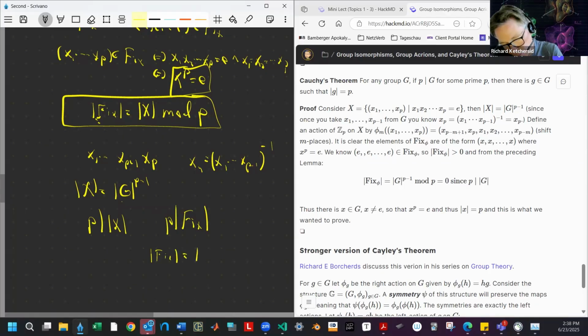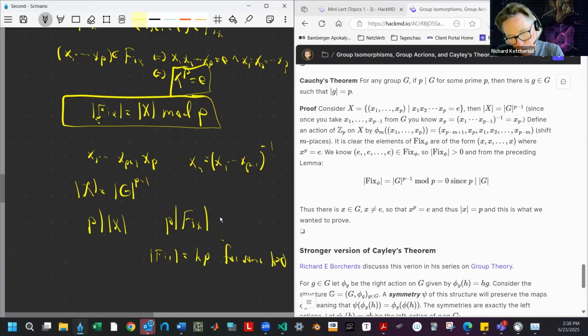is definitely equal to kp for some k greater than 0, because we know it's got something in it. It's got e in there. So it's definitely got some elements. We didn't just show there's one element; we showed there's actually several elements.